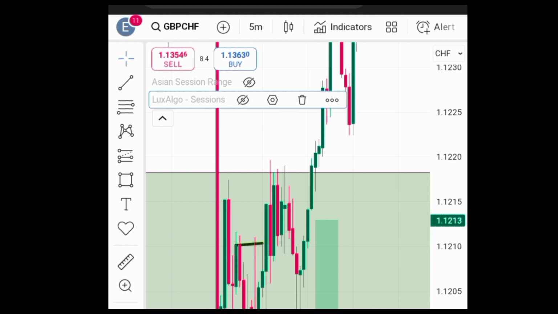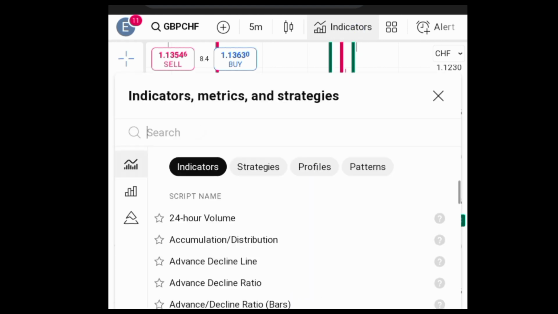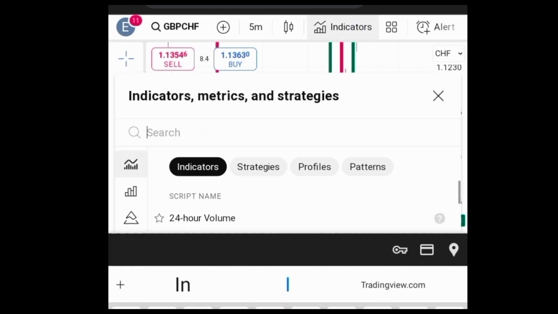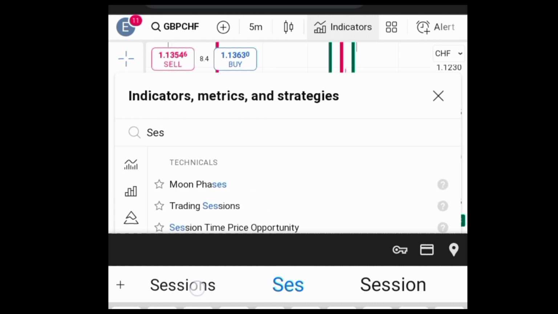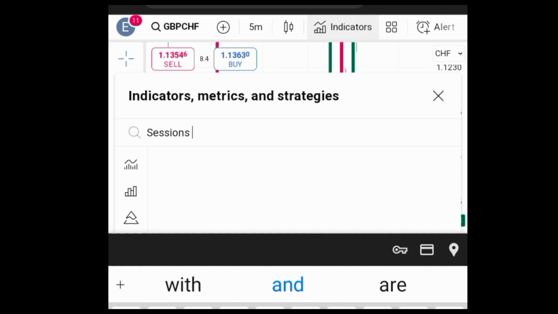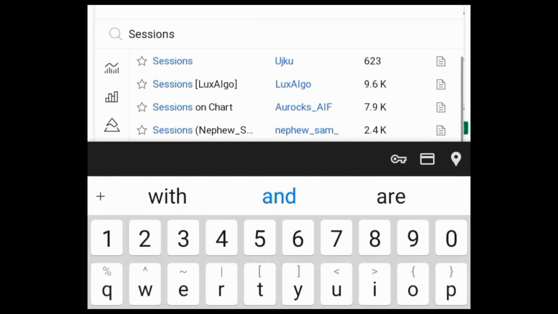You go to your indicator, you click on indicator, and you type sessions. Once you type in sessions, you will see Sessions in brackets, Logs Algo. Once that is done, you click on it.